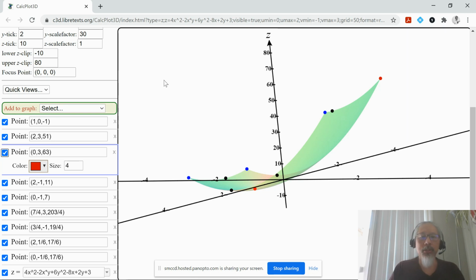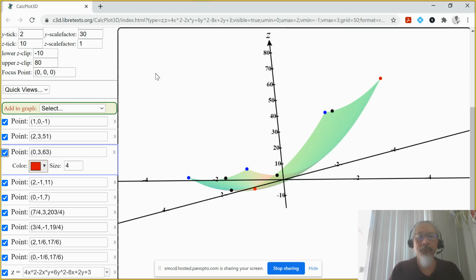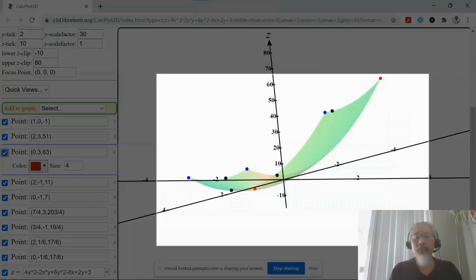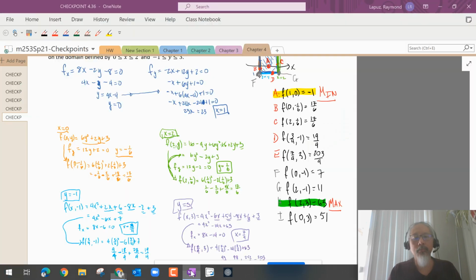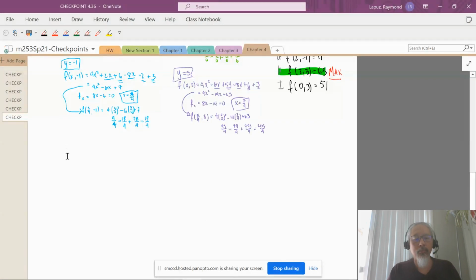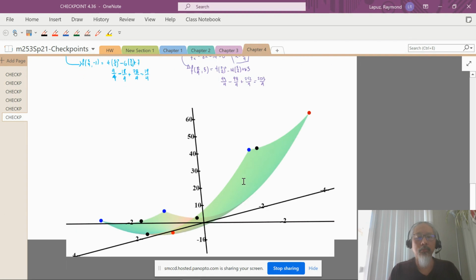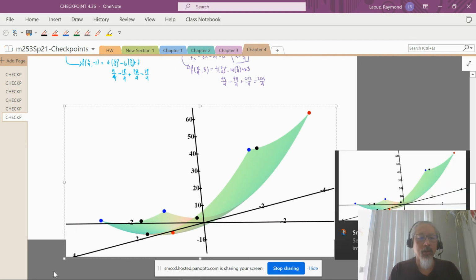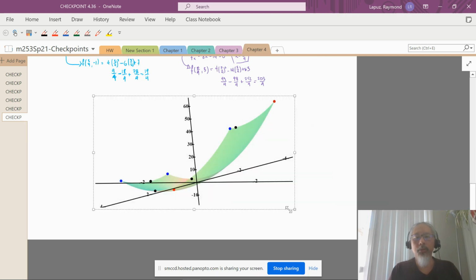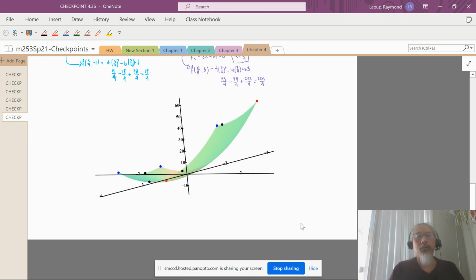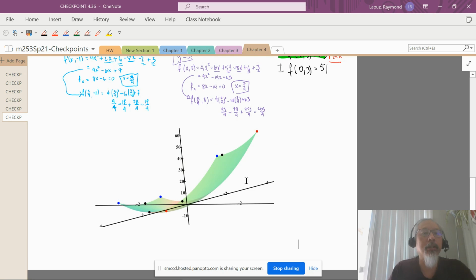So let's take a quick picture of this and send it to our notes so we can analyze it a little bit and draw on it. So we can see where those points are. It looks like the blue points are the ones in the corner.